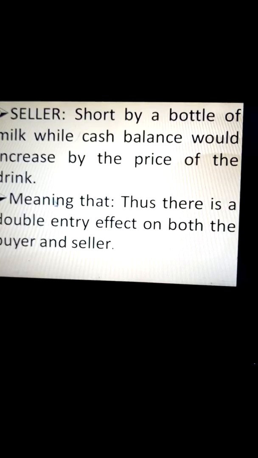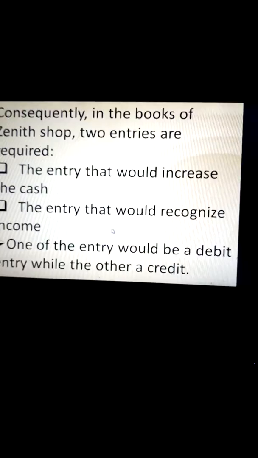So what does it mean? There is a double entry effect on both the buyer and the seller. Consequently, if we take the book of Zenith Shop, for example, the two entries that will be required will be: one, the entry that will increase the cash, and two, the entry that will recognize income.